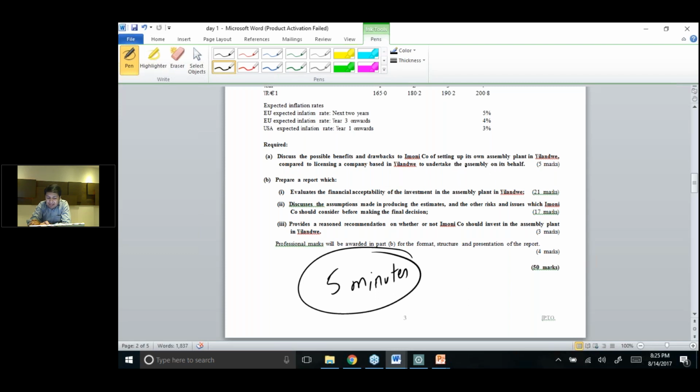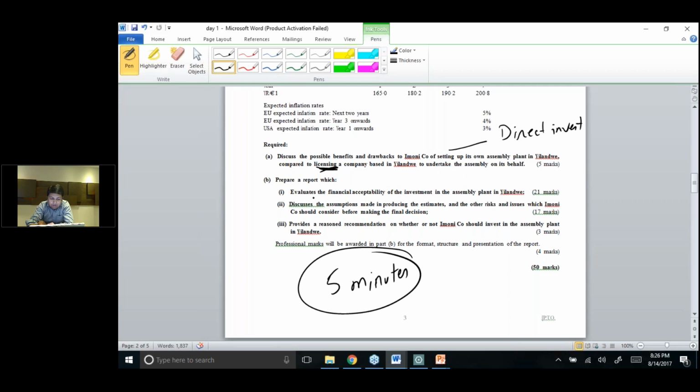So there is a comparison between the pros and cons of setting up its own plant, that is direct investment, and licensing. It's a very simple question of 5 marks.